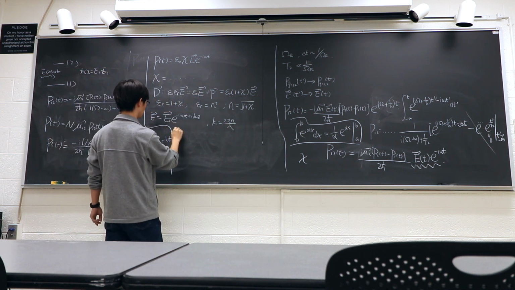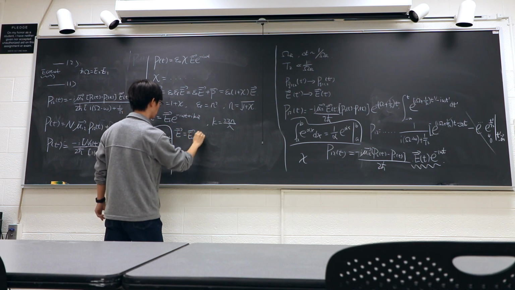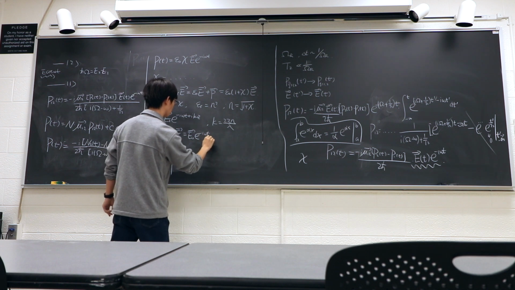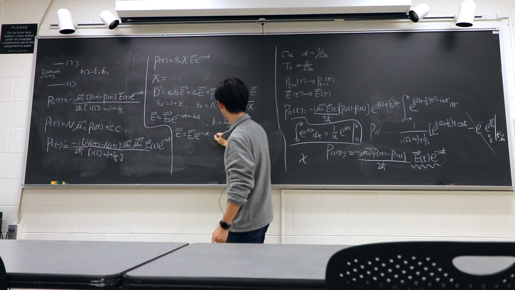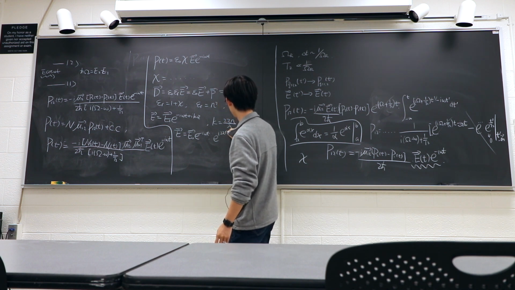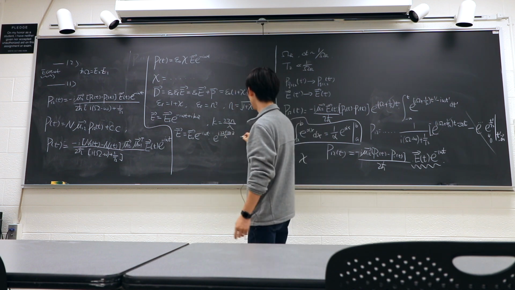So your E equals E naught, and here you have your real part, i 2 pi n real over lambda z, times the imaginary part.